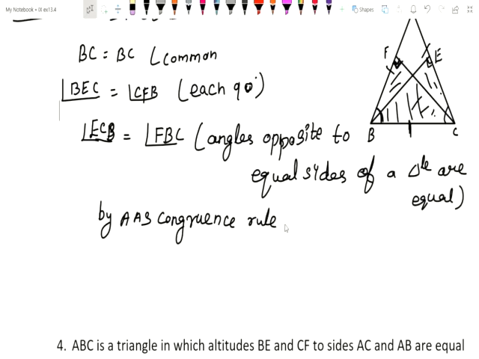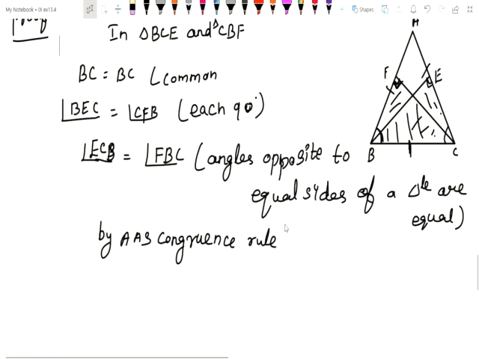triangle BCE is congruent to triangle CBF. So these two triangles are congruent.